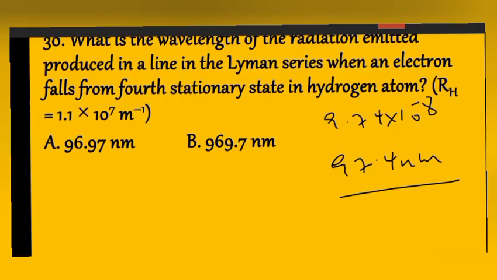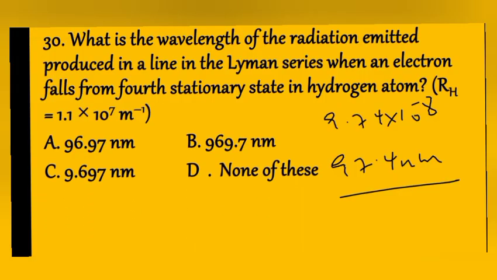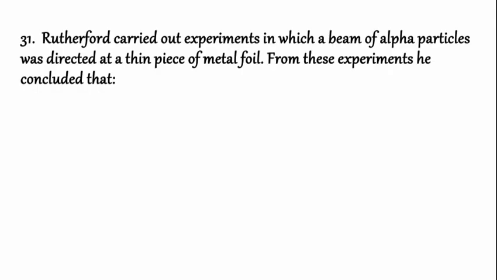Question 31. Rutherford carried out an experiment in which a beam of alpha particles was directed at a thin piece of metal foil. From this experiment, he concluded that: A. Electrons are massive particles.